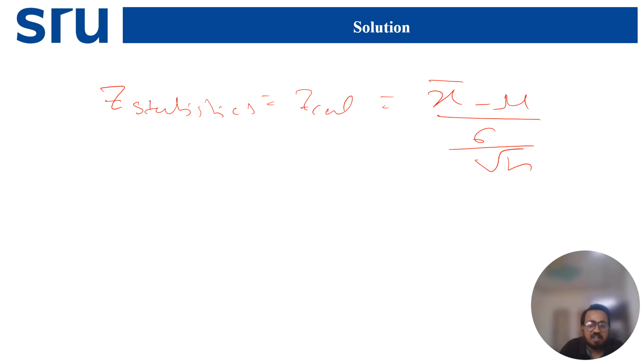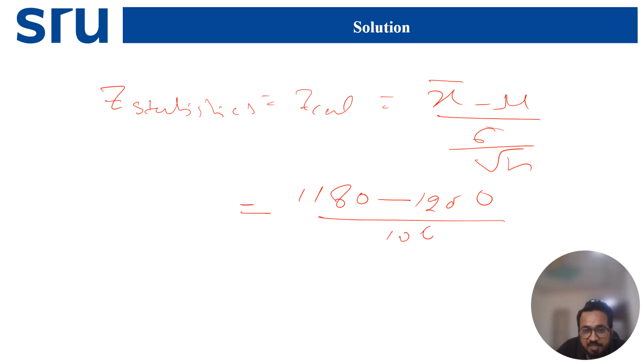That's why this is a large sample, right? So now we'll put in all the values as given here. x bar is 1180 minus mu is 1200, divided by sigma, 100, by square root of 40. By calculating we can find that this is 1.26.